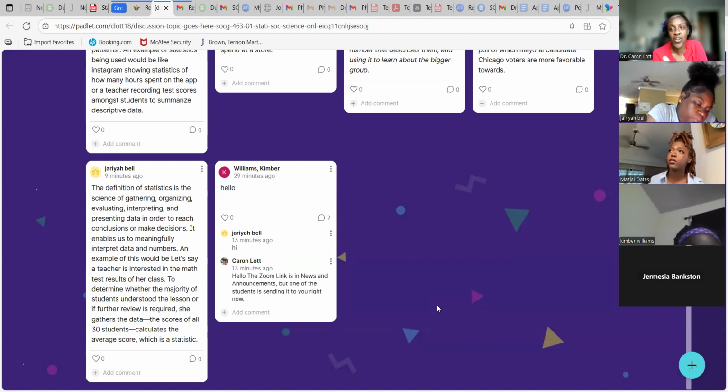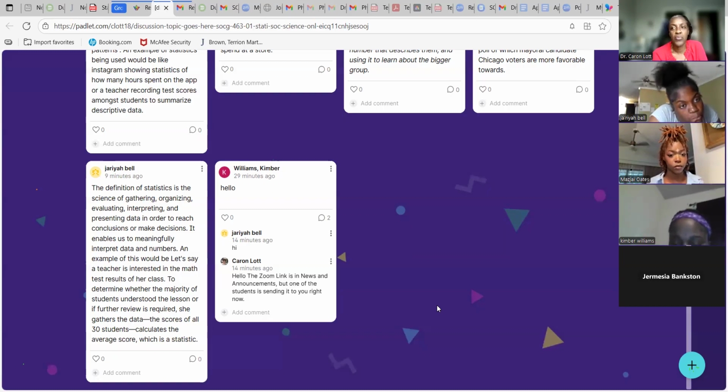So you're able to get an understanding of the population based on the smaller sample. Now we talk about random samples, and the book talked about random samples.